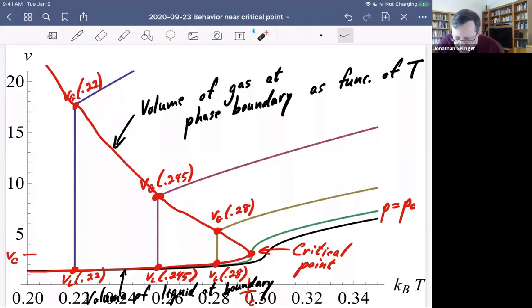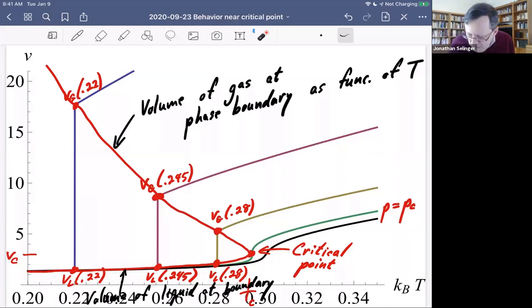And right along this boundary, this is the maximum volume of the liquid as a function of temperature. The liquid could have slightly smaller volume, not much smaller, but slightly smaller.